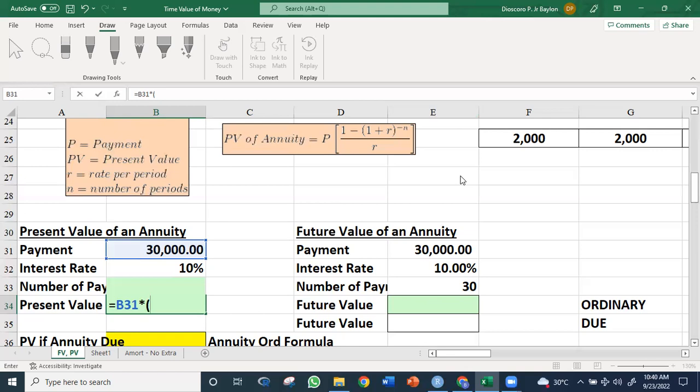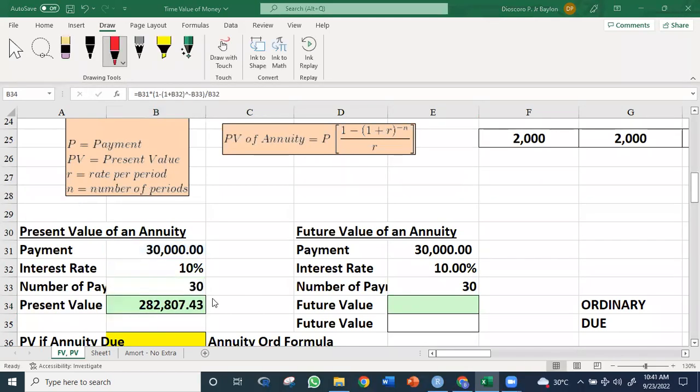Were you able to get the answer? Let me resume share. Let me show my answer and let's compare, guys. I'm getting 282,807.43.